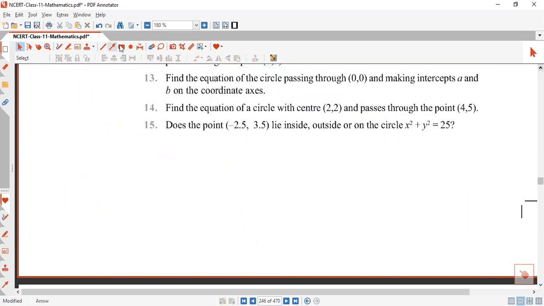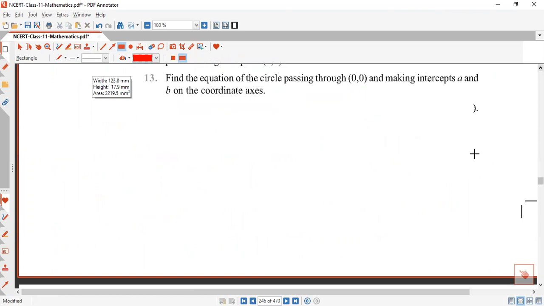So come back to this question number 13, and see how we are solving this to find out the radius and center.